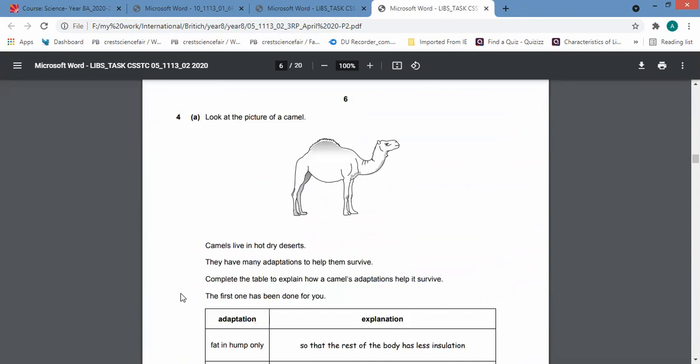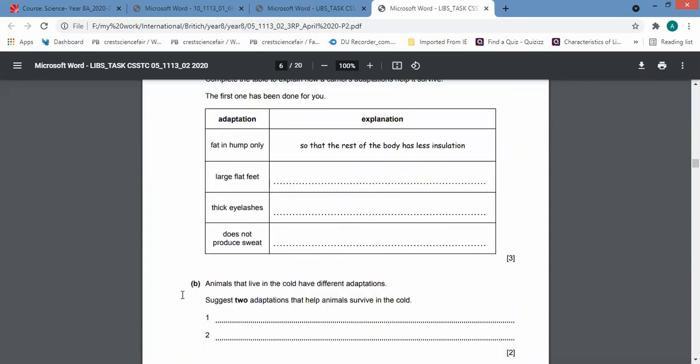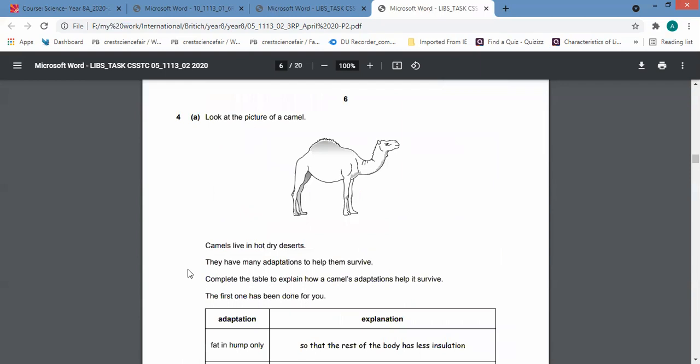Adaptation. And so this is related to biology, right? Question 4. Yes. Okay. Let's go.